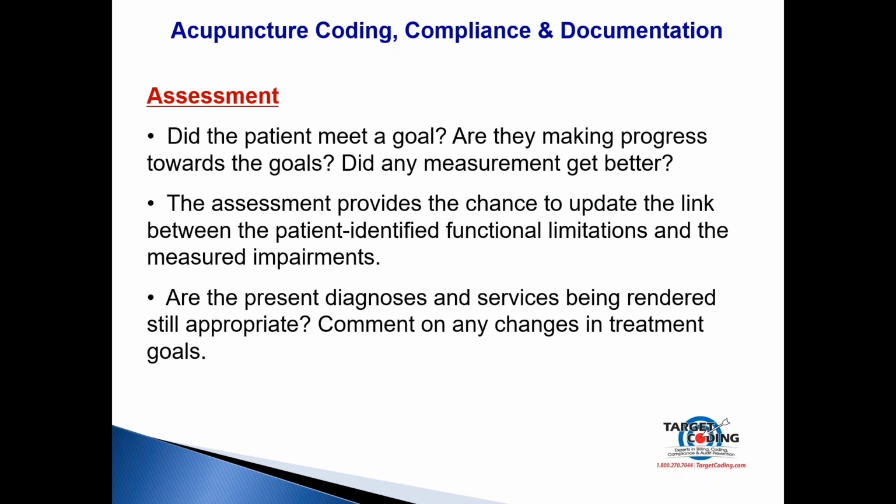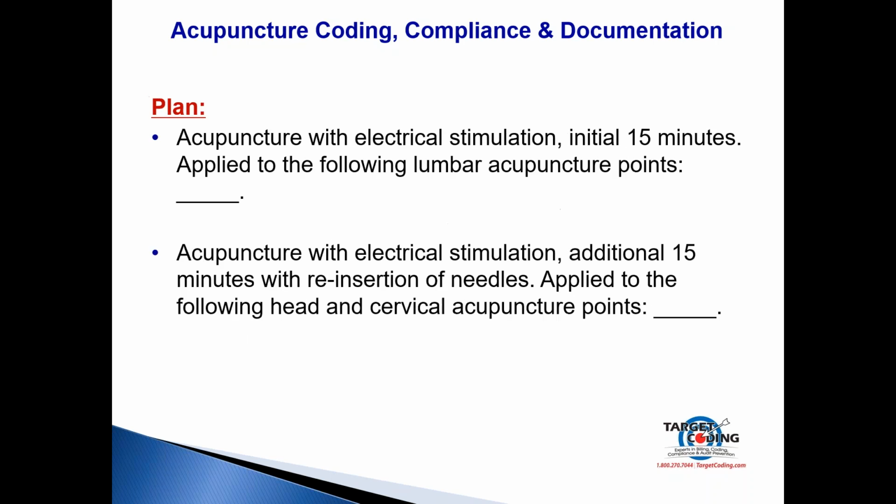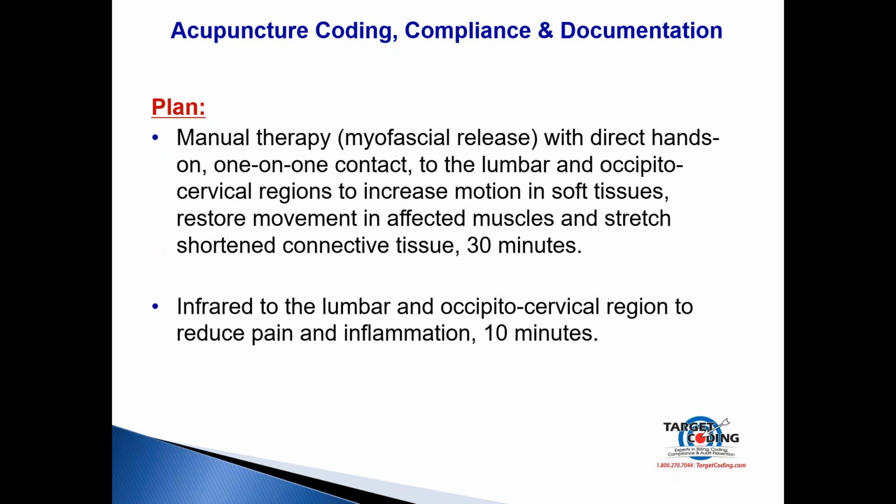Assessment: is the patient meeting the goal? How is the patient doing overall? Better, same, worse? In the P portion, what did you do? Well, we did acupuncture with electrical stim, initial 15 minutes, applied to the following lumbar acupuncture points. We did acupuncture with electrical stim for an additional 15 minutes with reinsertion of the needles, applied to the following head and cervical acupuncture points.